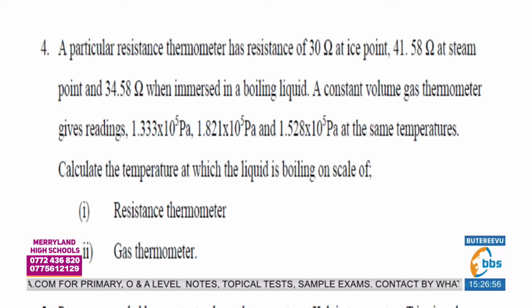So they're asking us to calculate the temperature at which the liquid is boiling on both the platinum resistance scale and then also the gas thermometer. Again, there is a word missing there, sorry.